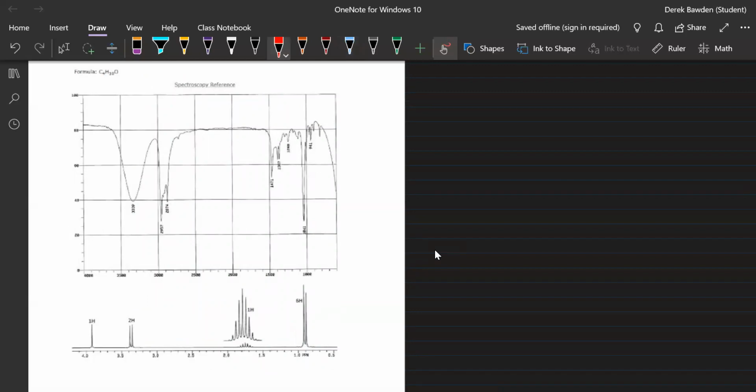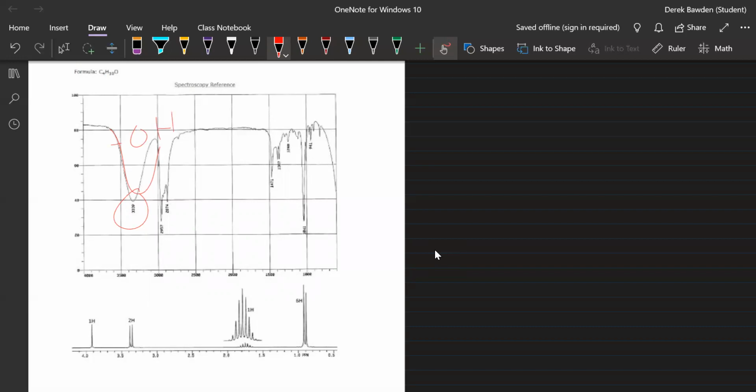This next graph, let's look at all the different things it tells us. What does this broad peak at 3300 tell us? OH, perfect. It's an alcohol, right? A broad peak at 3300 roughly is an alcohol group.